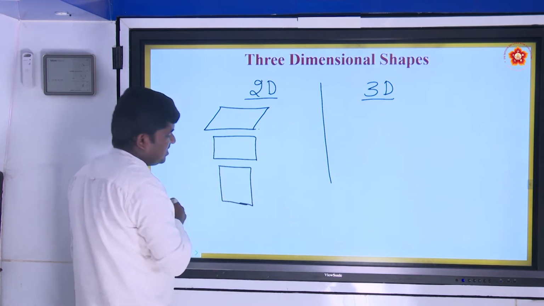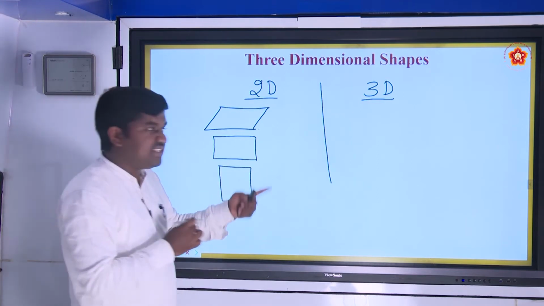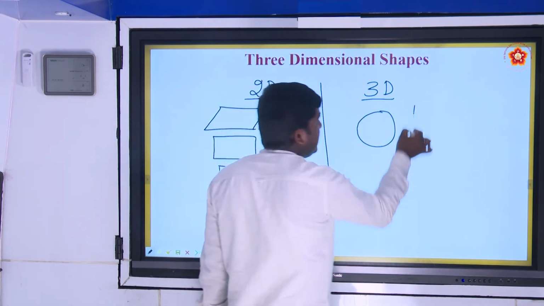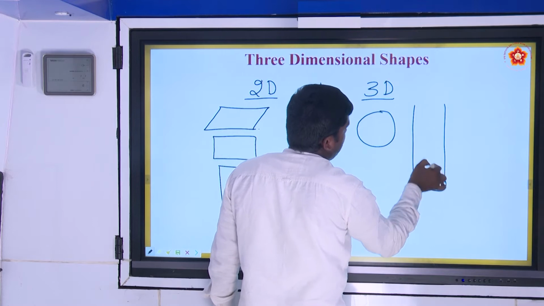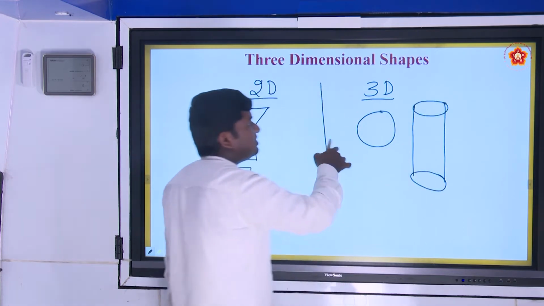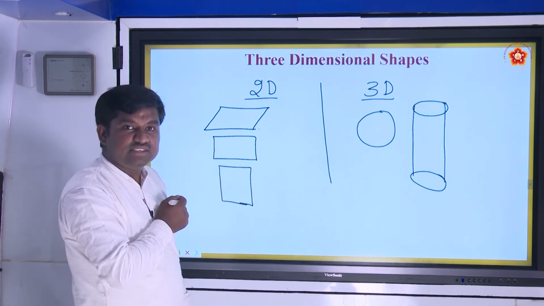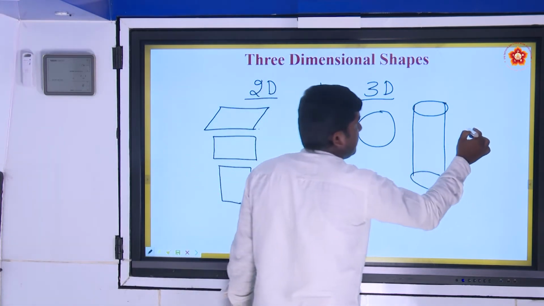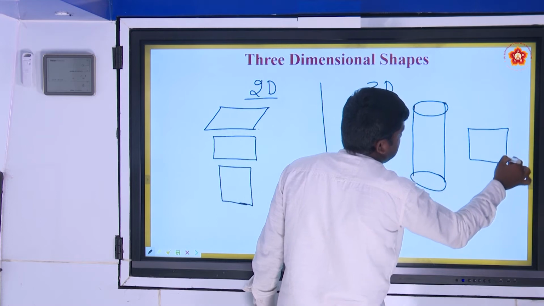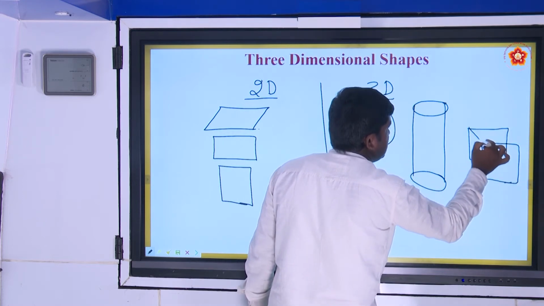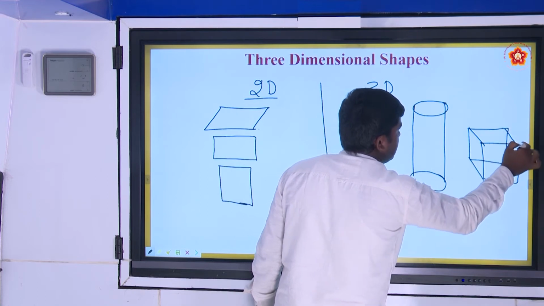These are all two-dimensional. Three-dimensional means, see, sphere, okay, cylinder, okay, cone. Those are all three-dimensional. But what is the difference? And also cube. See, this is the cube and it is a three-dimensional shape.